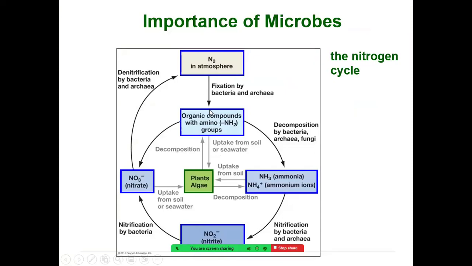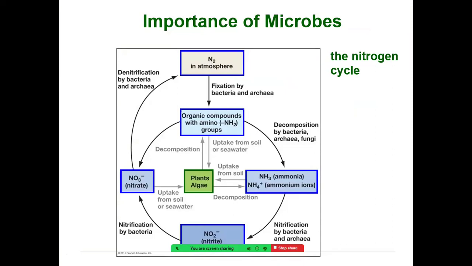We're going to talk about the nitrogen cycle. Nitrogen can start in the atmosphere as nitrogen gas. Nitrogen can be fixed by bacteria and archaea into an organic compound. When the bacteria and archaea die and then decompose, they usually will be decomposed by bacteria, but also by archaea and fungi.